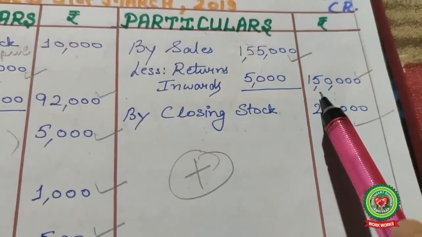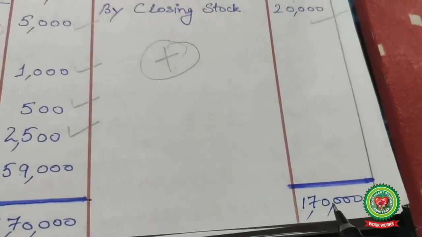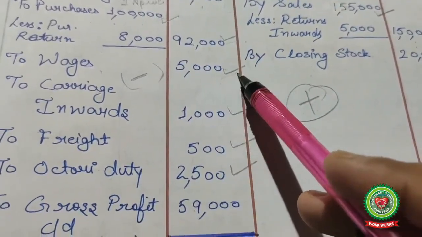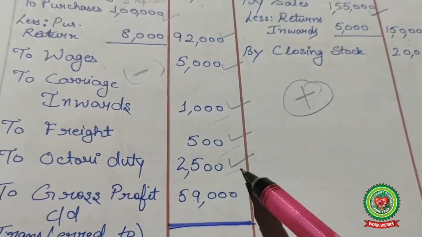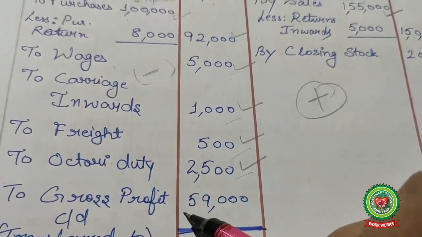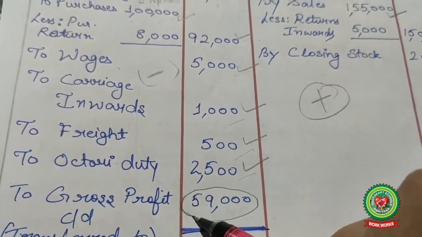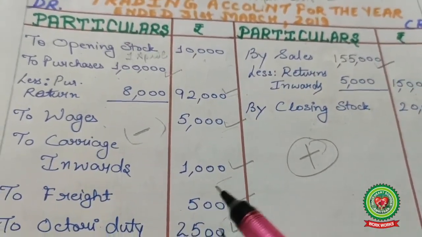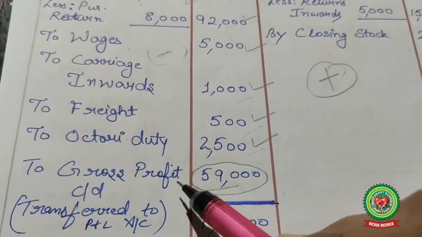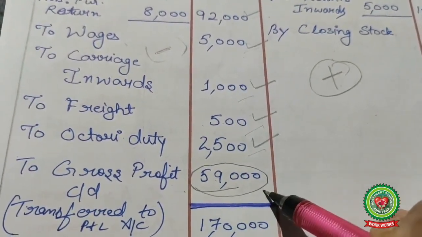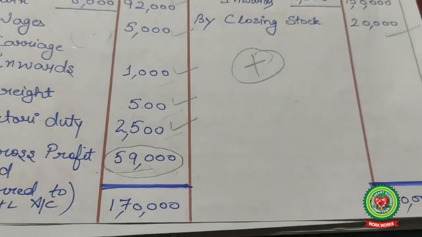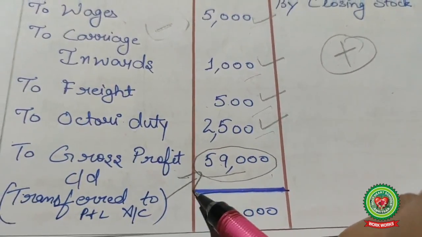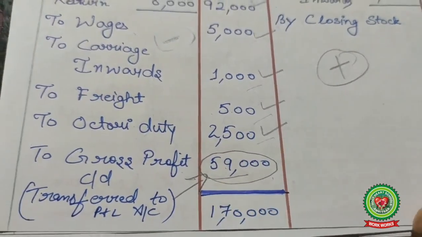Like here 1,50,000 plus 20,000, total amount is 1,70,000. Deduct 10,000, 92,000, 5,000, 1,500, 2,500, and after deduction your amount here is 59,000. Credit side more, debit side less, it means your business is in a gross profit of 59,000. So both sides 1,70,000, and you are going to transfer this amount to the profit and loss account.